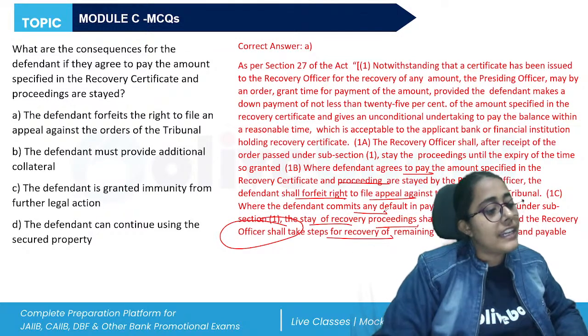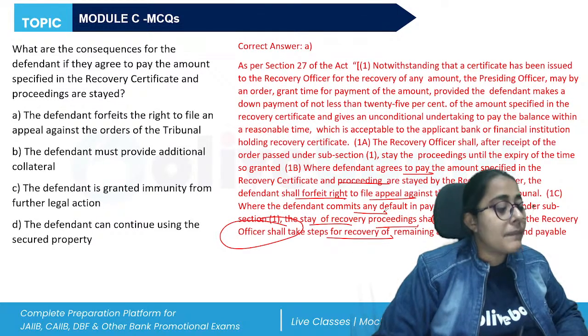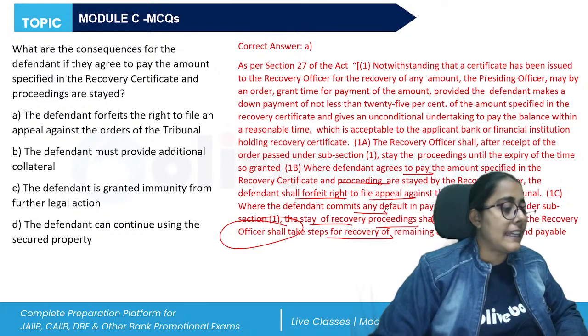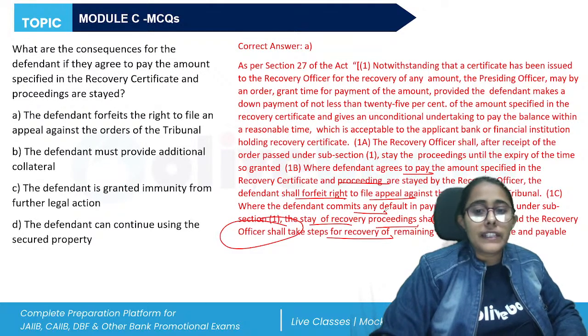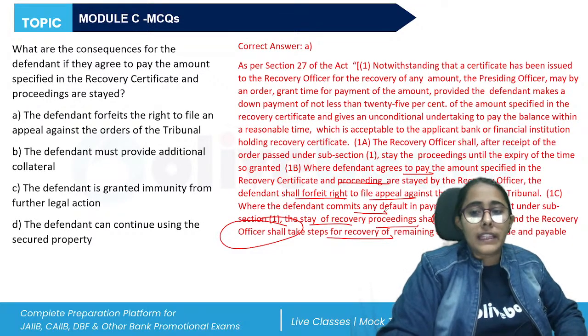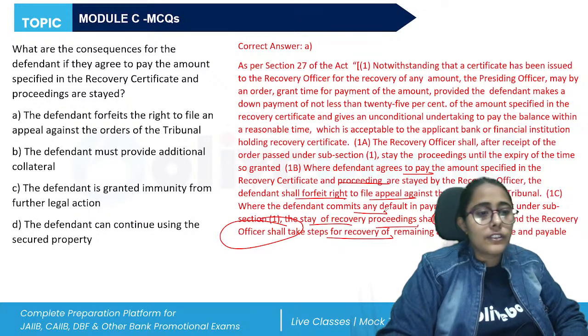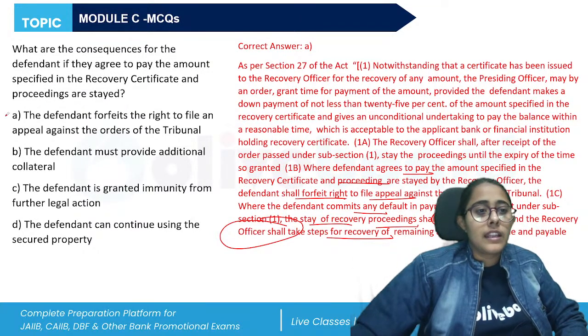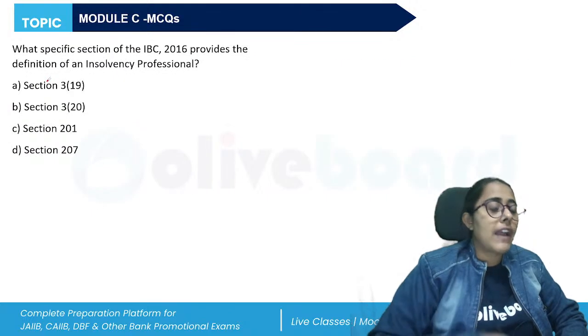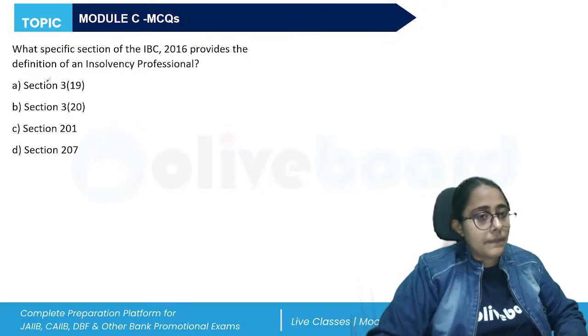If they have agreed to pay but they are making a default on that, or they are delaying it, then the recovery officer will take the remaining amount of debt due and payable. They can start the recovery process. All right, so the correct answer is option A. Now they cannot file an appeal in the DRAT.